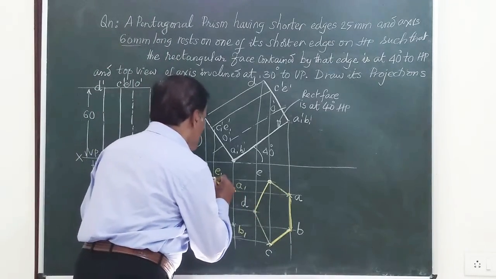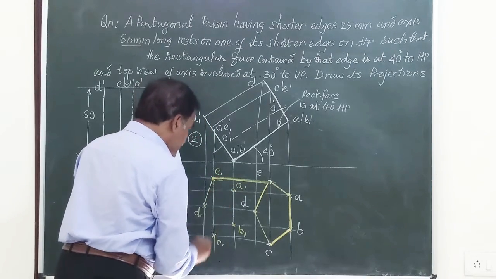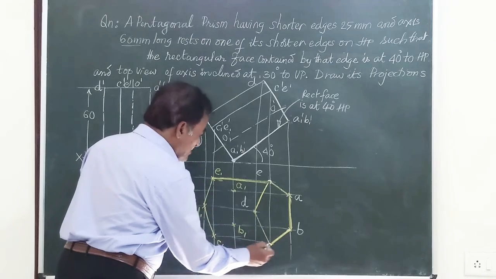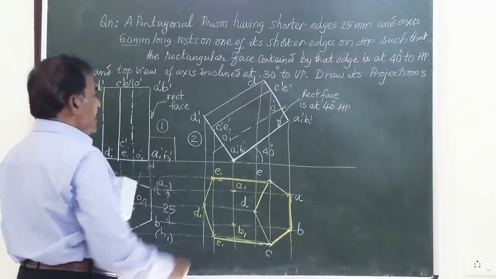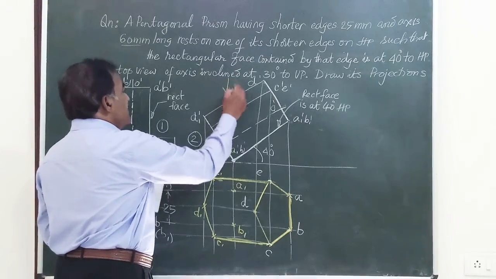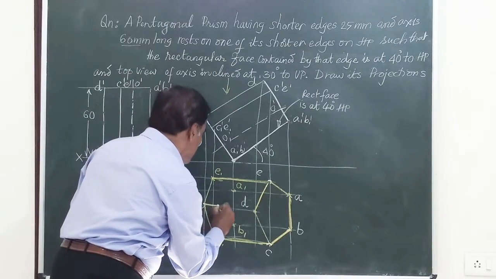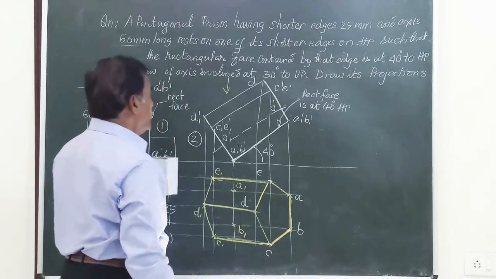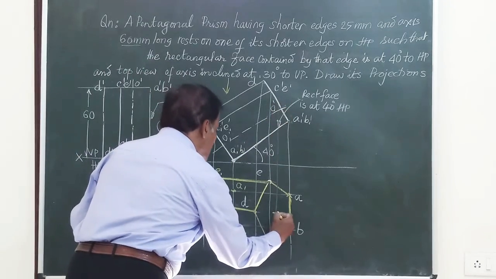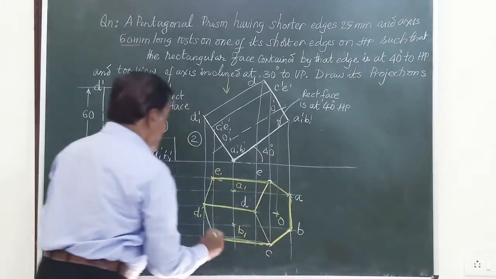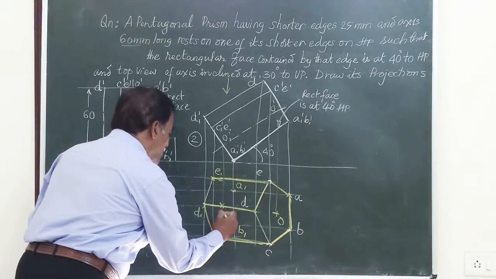Hence I join the line EE, a dotted line, then E1 D1, D1 C1, C1 E1. So all these I have shown by visible lines, and when you look from the top, the edge DD is closer to the observer. So it is possible to see that edge DD also. Mark the centers of the top and bottom faces. The O is here, center of the top face, and O1 on the same line. You get on this. This is O1.